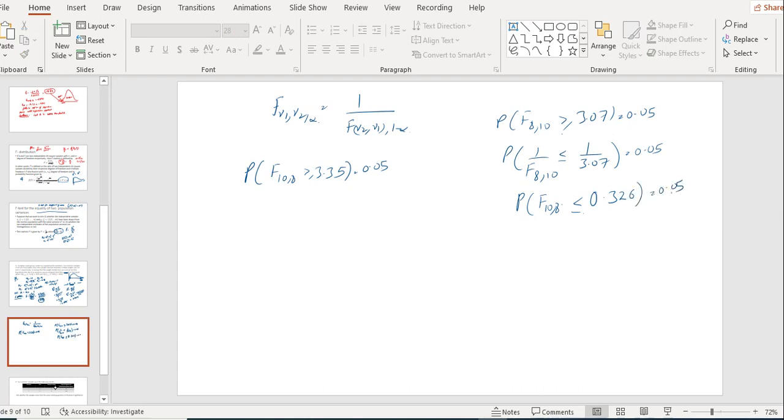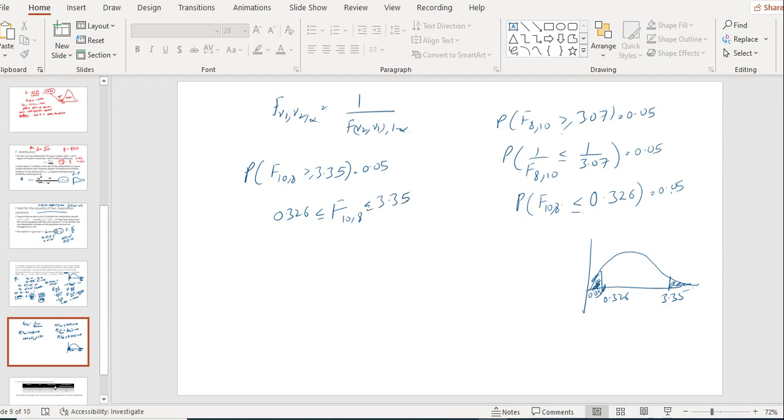So it means that if the value of F is less than 0.326, then the probability is 0.05. So this is the critical point for the left limit, and the critical point for the right limit is already given as 3.35. So the value of F of 10, 8 should lie between 0.326 and 3.35.